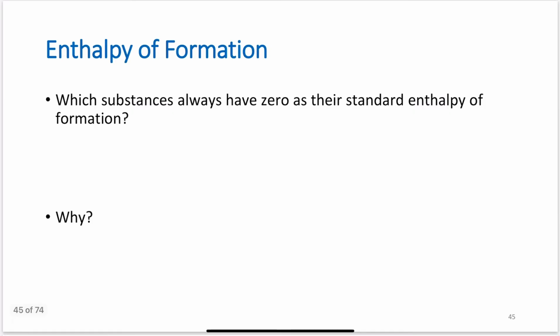So there are some substances that always have 0 as their standard enthalpy of formation. These substances are any neutral element, meaning not an ion, in its most stable form. Why?